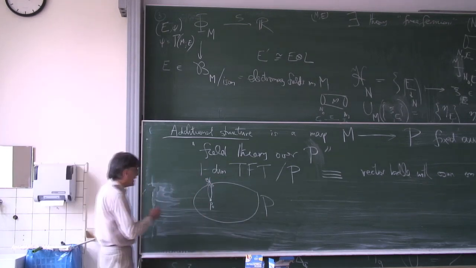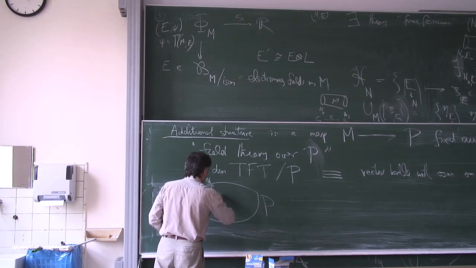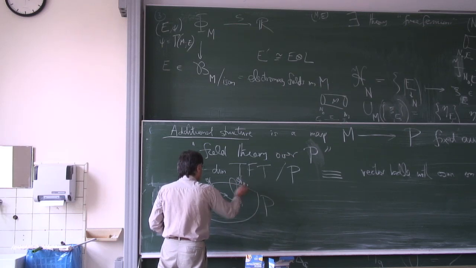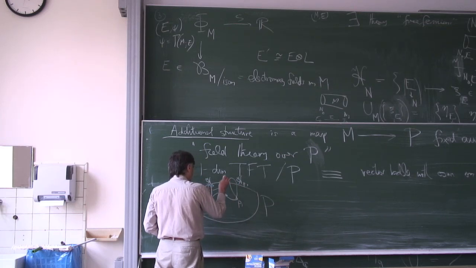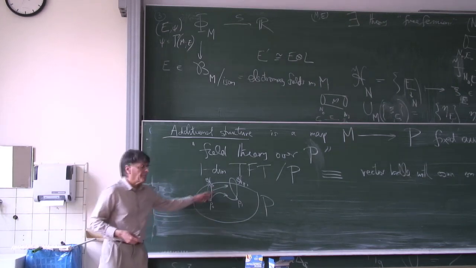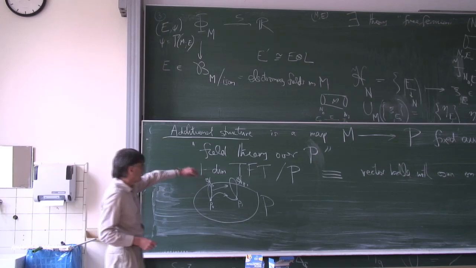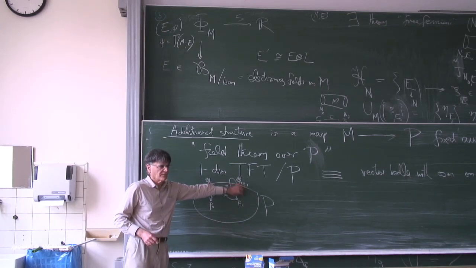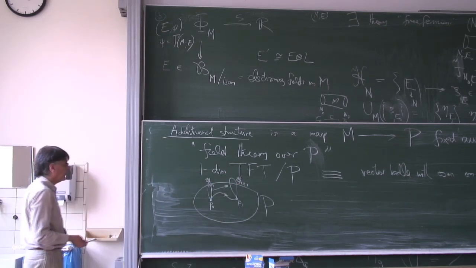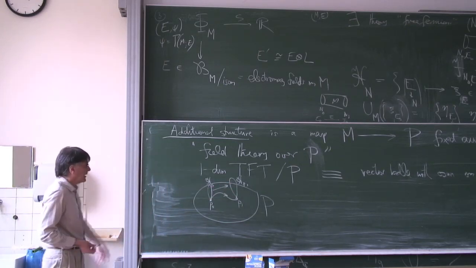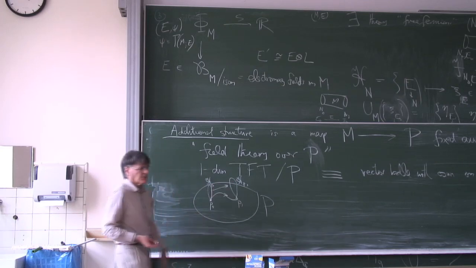And when we have a one-manifold with a mapping to P, a path in other words, we have to give an operator associated to that cobordism with its mapping to P. That will be some kind of parallel transport from this fiber to this fiber. We want everything to depend smoothly on the data, so these vector spaces should form a vector bundle, and this should be a transport operator.